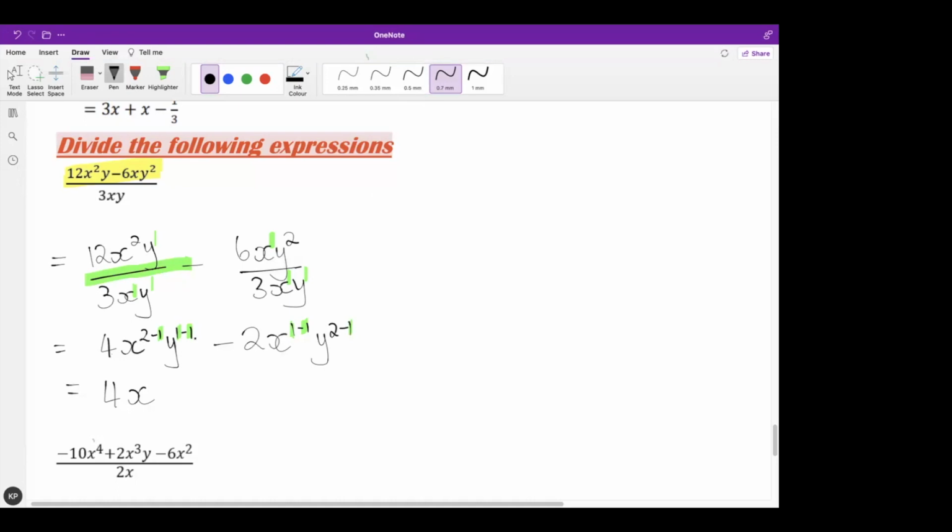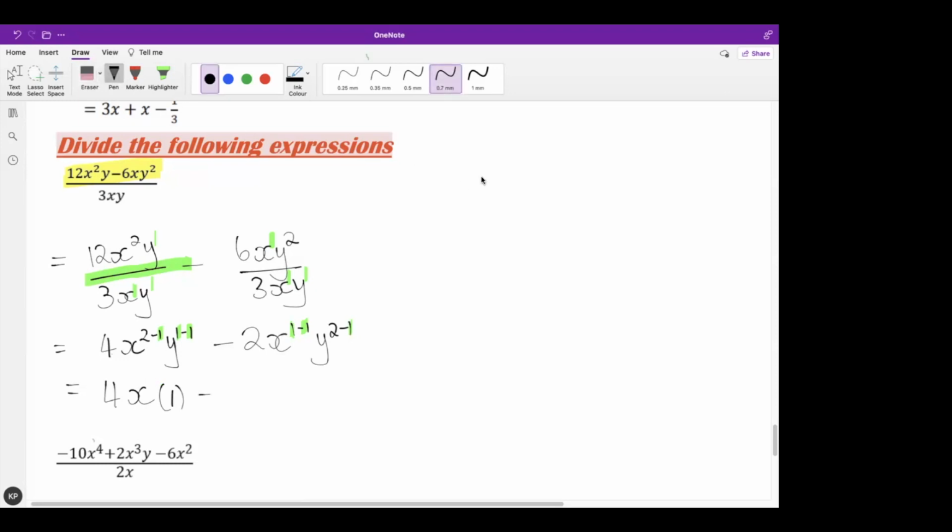That is 0. But anything to the power of 0 is? Anything to the power of 0 is what? So this whole y will become... What's the law of exponents, guys? It's 1. Okay.